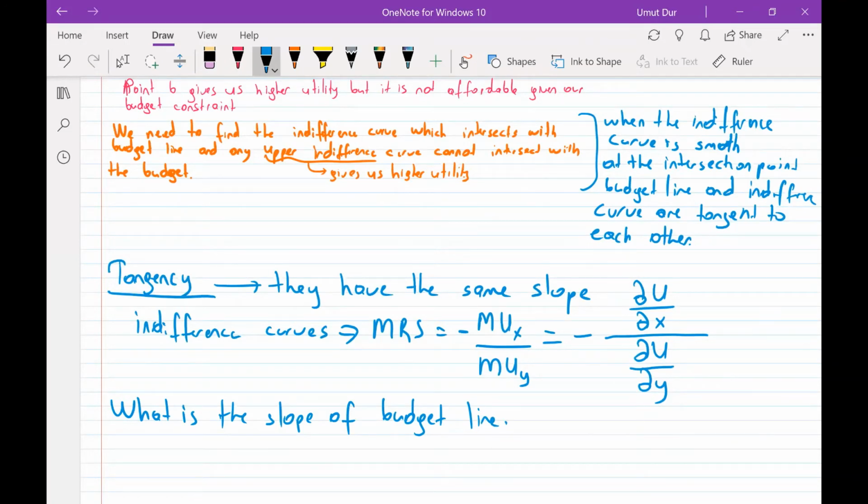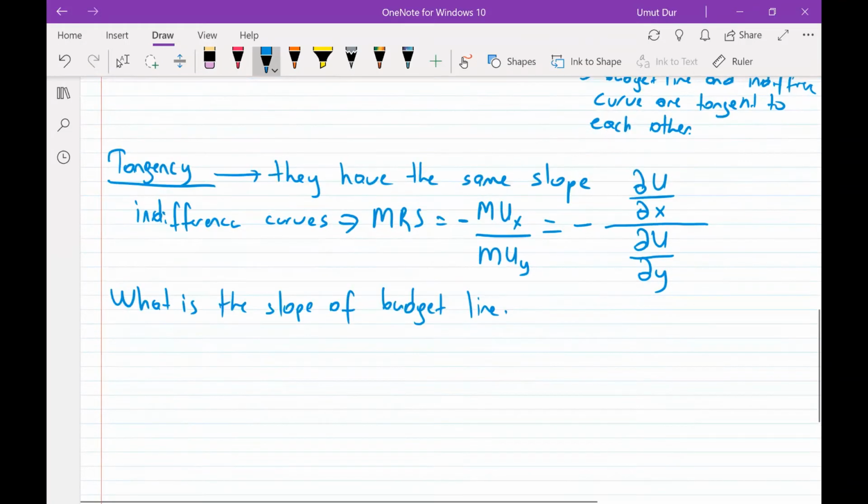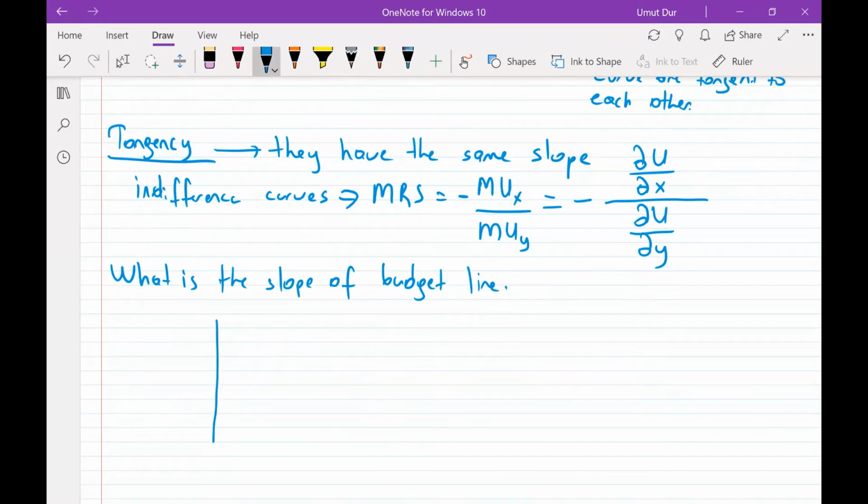The slope of the budget line, let me show it on the graph. When we consider this graph again, this is good x, this is good y. Let this be the budget line. We know these two extreme points. The first extreme point is income divided by px, the maximum amount of good x that we can consume. The second one is income divided by py.